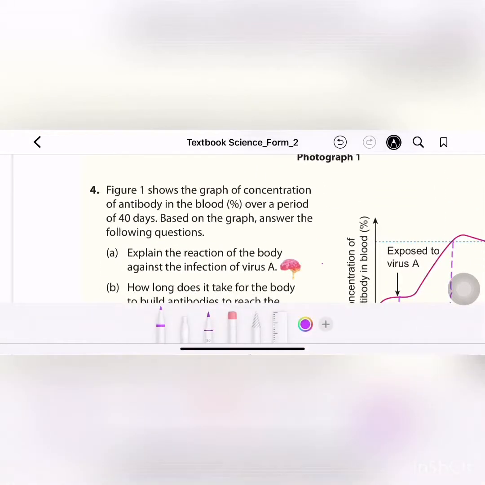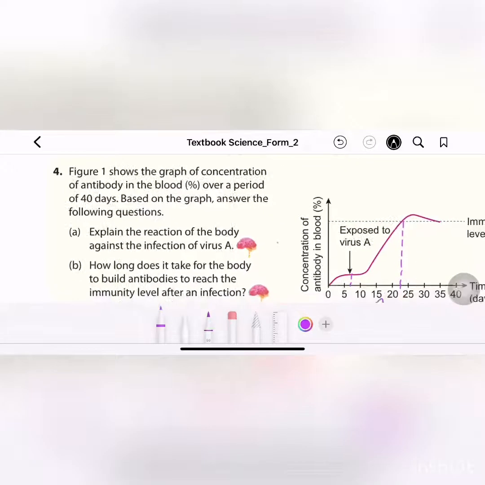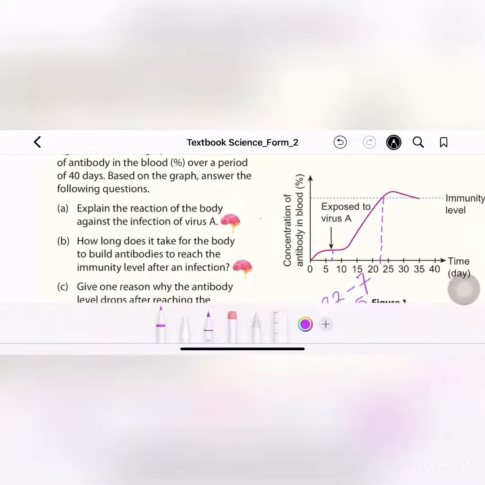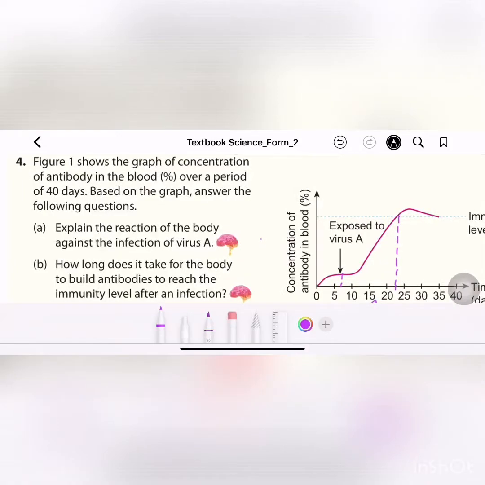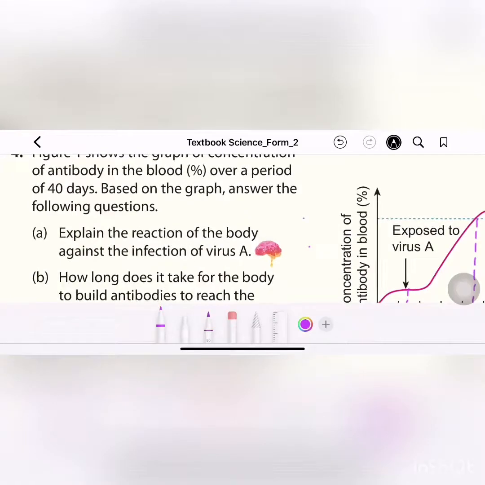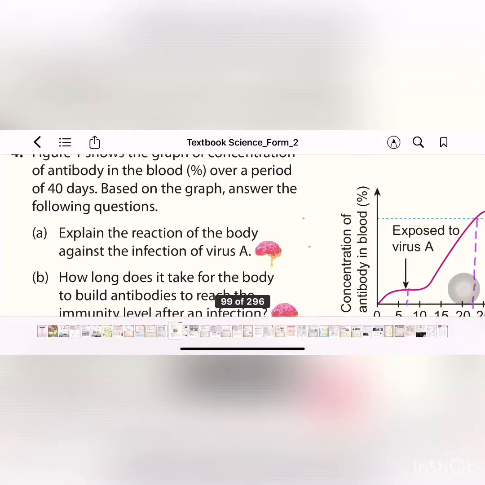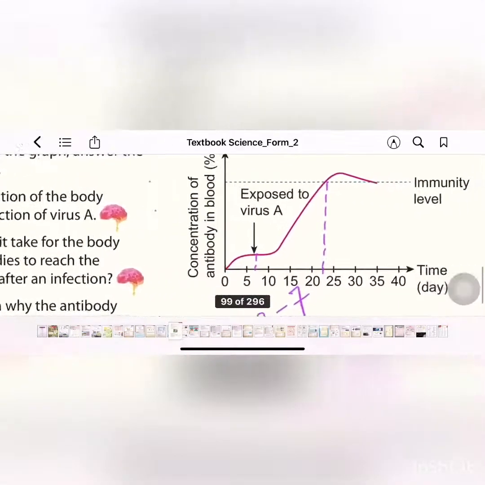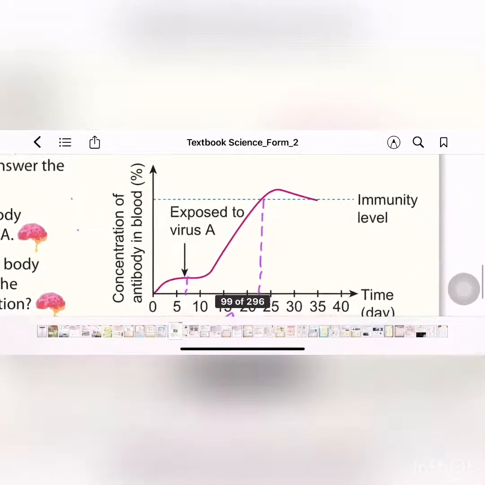Figure 1 shows the graph of concentration of antibody in the blood percentage over a period of 40 days. Based on the graph, answer the following question. A, explain the reaction of the body against the infection of virus A. Okay, this is the graph.